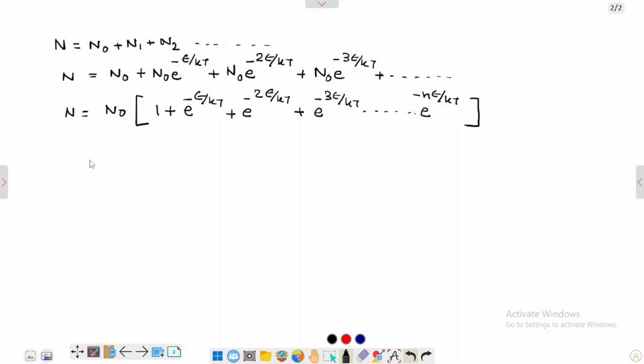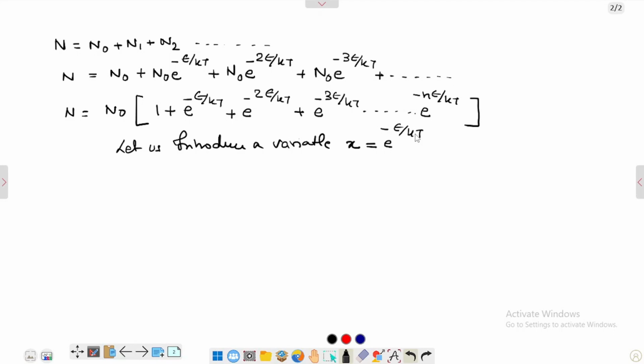Now I will say let us introduce a variable, and we can take the variable to be any variable. So I will take it to be an x, and that x is equal to e to the power minus epsilon by kT.